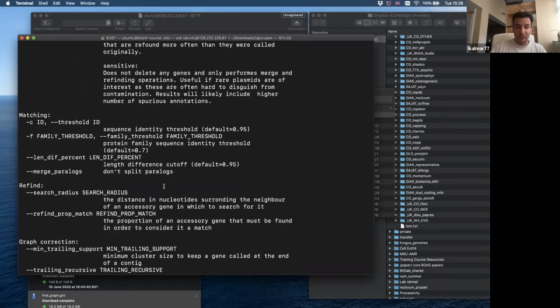And also, I think the reason why Julian suggested to use this is that, in the paper comparing Panaroo and all the other programs like Roary, they were able to use that set of options, which created a bigger core genome.